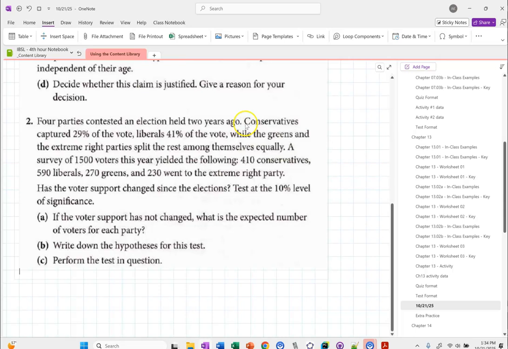So it told you a known distribution, right? And you're wanting to test new observed values against that old known distribution, right? You're trying to see if the new survey fit the old known values. That would be what I would do here.